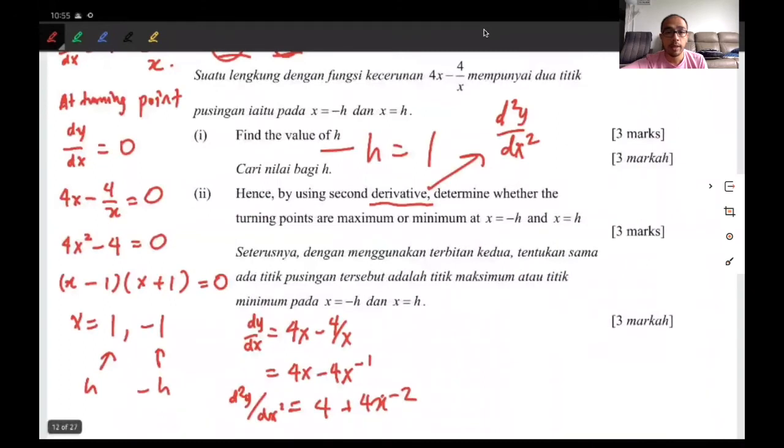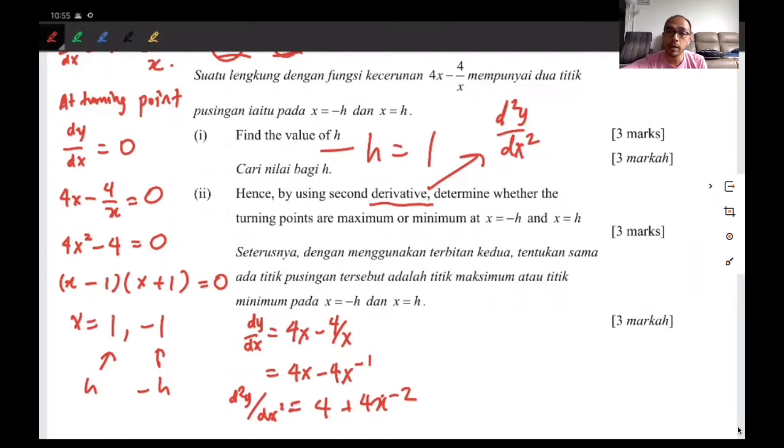Determine whether the turning points are maximum or minimum. Oh, okay. Hold on. Did I do this wrongly?